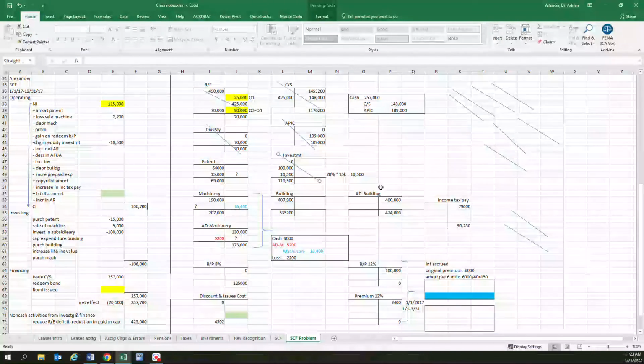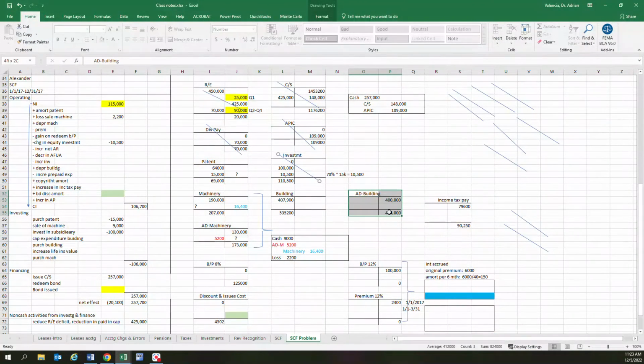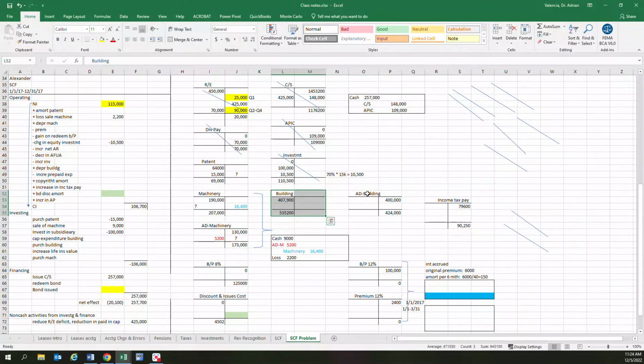So we have building over here, the accumulated depreciation of the building, and then we have building next to it, okay? So what they're telling us is they are debiting the 7,200 into the accumulated depreciation, and then that's a credit to cash, so that's a cash flow implication, and we'll put that over here. That's an investing activity. We're investing in property, plant, and equipment, and that's minus 7,200.